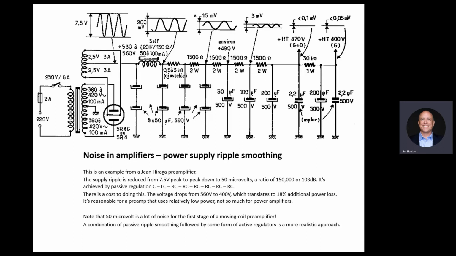In the end, he's left with 0.05 millivolts of hum, and you could have taken all those capacitors and lumped them into one capacitor here and got a similar level of hum. Why not do that? Why do it in stages? And here's the reason.